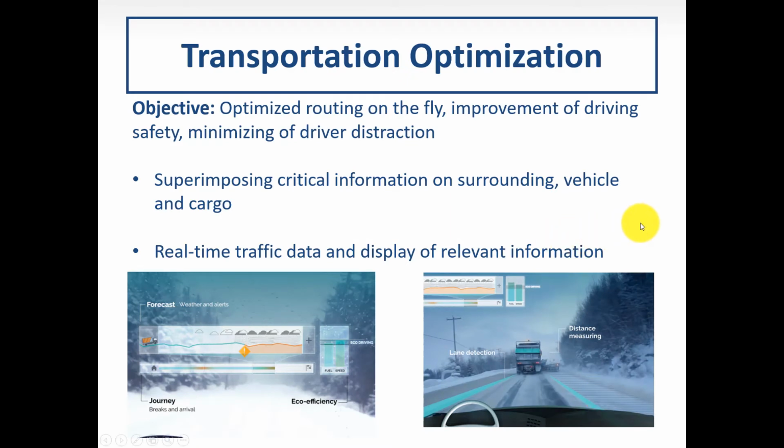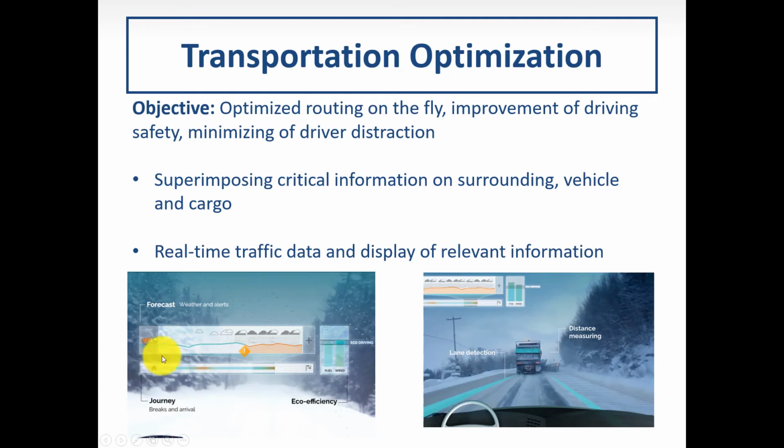We can also apply that on logistics for transportation optimization. So we have our truckers, our drivers, that get information beyond just the usual GPS system or navigation system. Now they can get information of the lanes, where they are, especially if you are driving in, I don't know, Alaska, and then you don't see the roads. Here you have an assistant also measuring how far you are, or you should be, from the next truck, considering your speed and the weather conditions, so that you have enough space to brake.